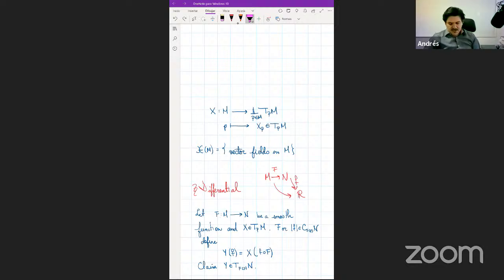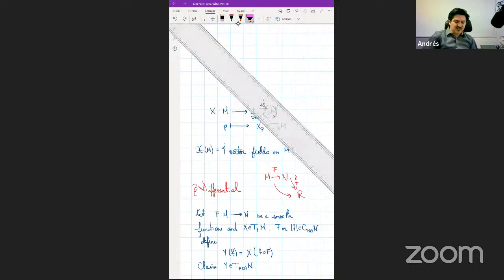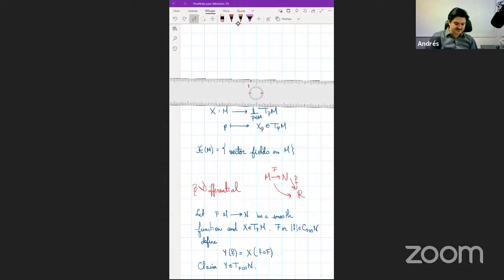Okay, so let's prove that this is a vector in the tangent space. In other words, is a derivation. So remind me, what is the definition of a derivation?